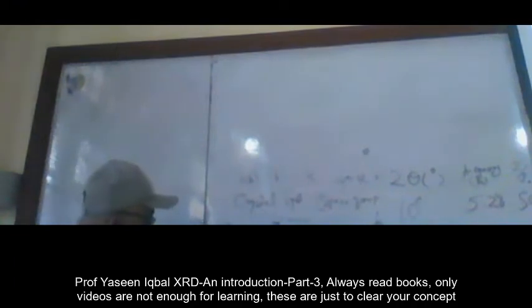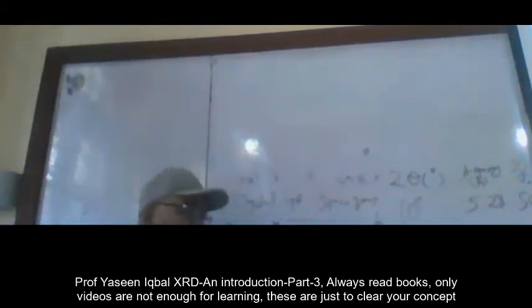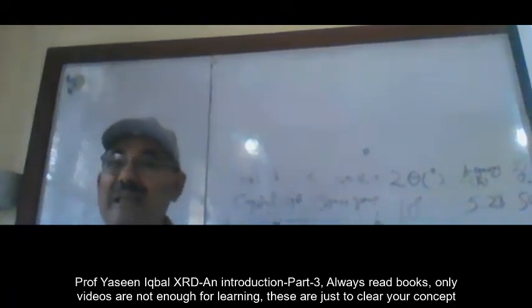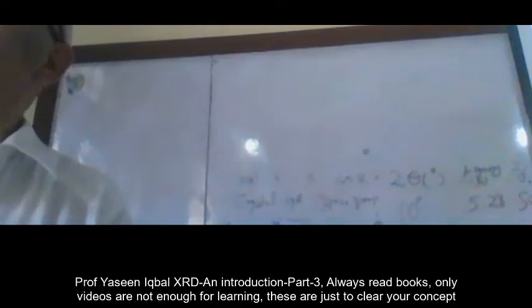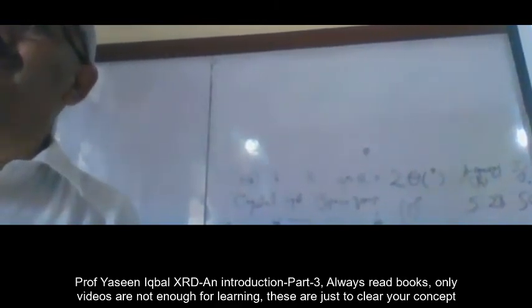But if the BaTiO3 plot is like this, and your plot has a little bit of shouldering line here, or here, or peak broadening or something like that, then this means there is something else there, right?